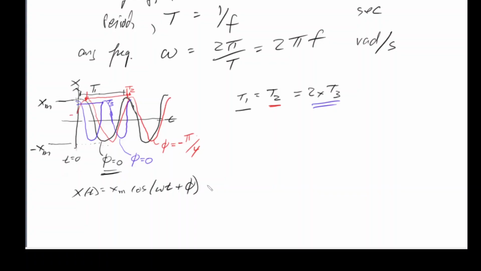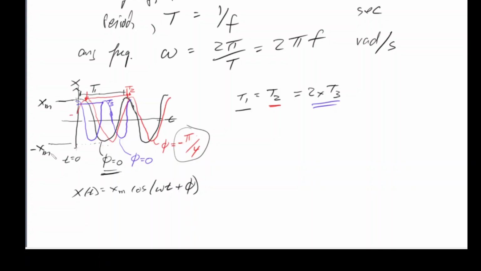Now, if you go from phi equals 0 to phi equals negative pi over 4, this shifts the graph to the right. So when phi is negative, you're actually shifting the graph to the right on this cosine curve. But you can see that the period is the same, T2 equals T1, and xm and minus xm, that's the amplitude, is the same.